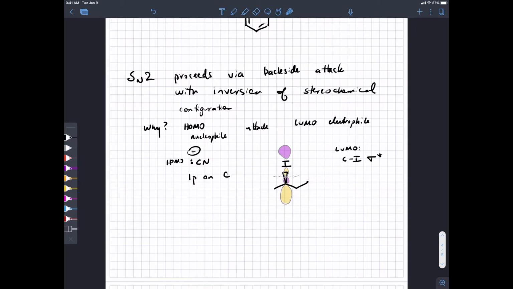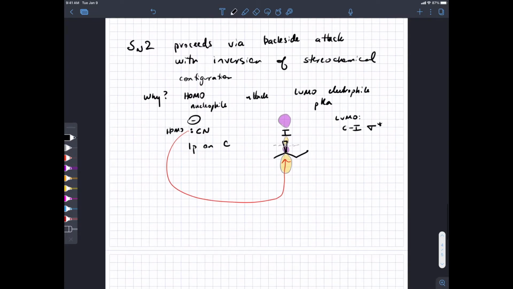Knowing that, then, where is the only place I can attack carbon? Can I attack the LUMO at carbon? The only place is from the backside. So if you understand the arguments, the why was HOMO attacking LUMO. We also had some pKa arguments in there about what the most stable leaving group would be.